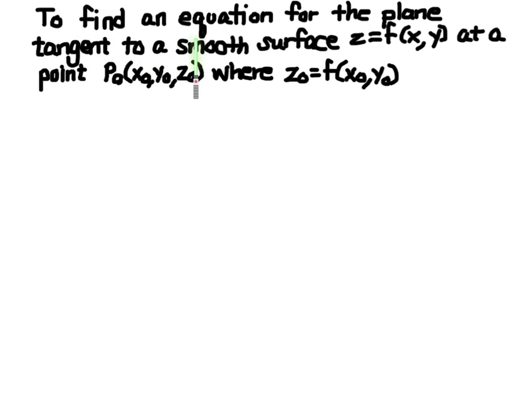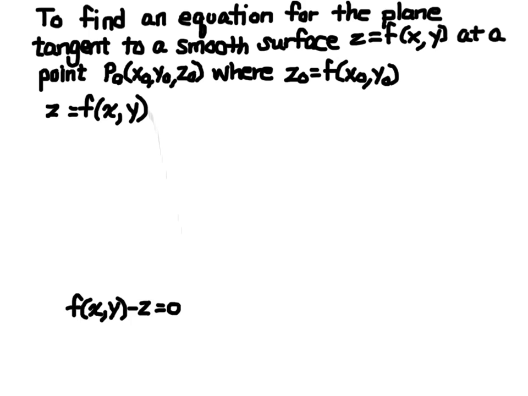To find an equation for the plane tangent to the smooth surface z, which is equal to a function of x and y, at a point P naught, where z naught is equal to f of x naught y naught, we start by looking at the equation z is equal to f of xy. This can be transformed to f of xy minus z equals 0.